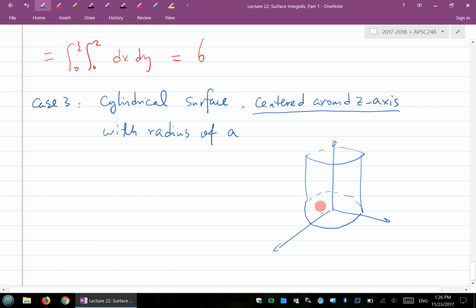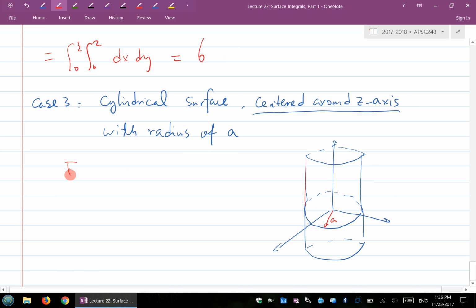For now, don't worry about the upper or lower limits for the cylinder; it could be extending anywhere up and down with some limits. And the radius of the cylinder, as I said, is a. So that's the special surface we're talking about here.